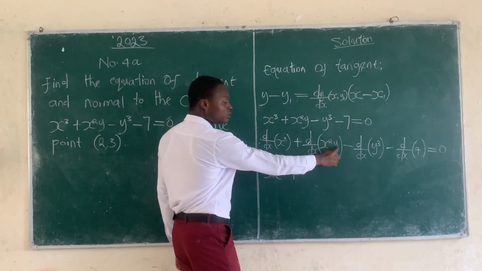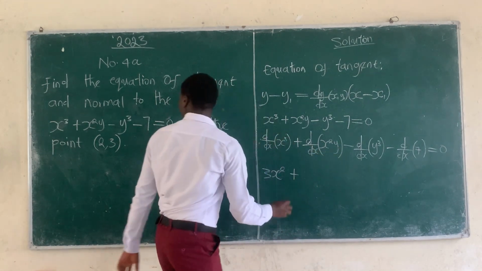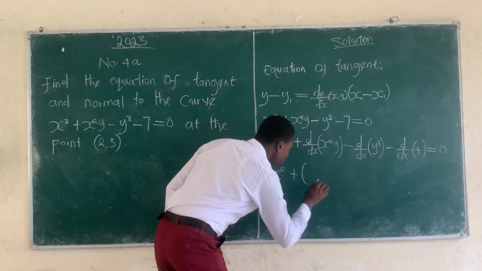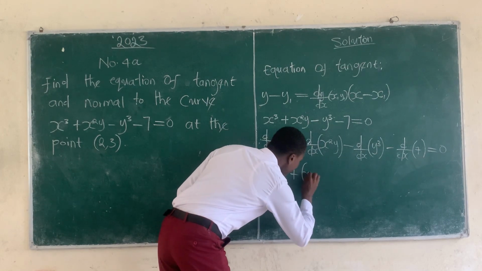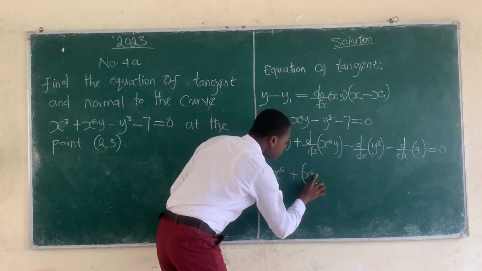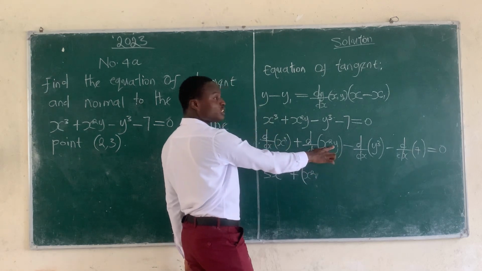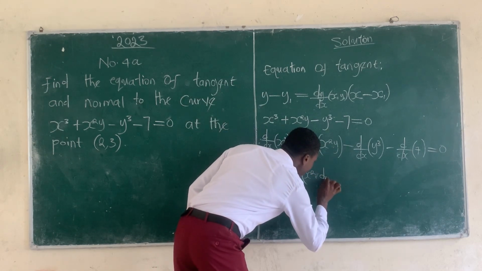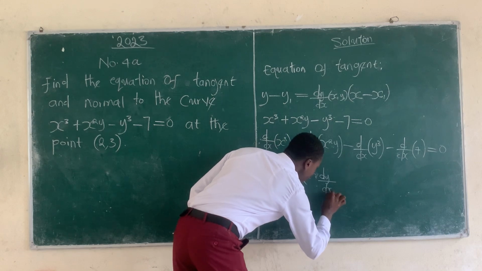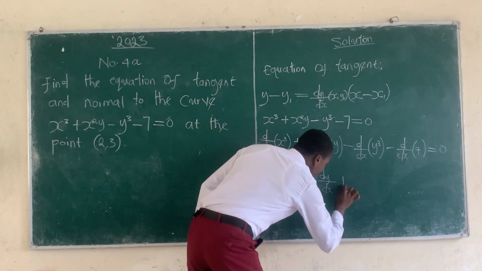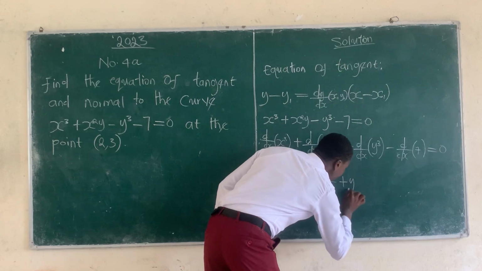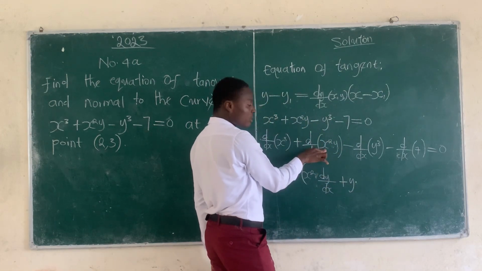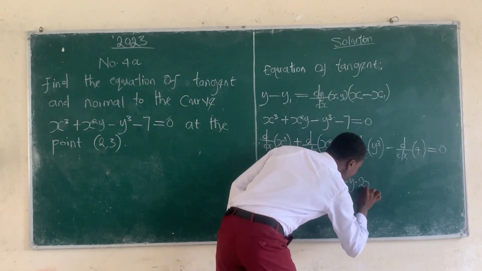This is our u, and this is our v. The product rule says keep the first term constant, so we have x squared, and then differentiate the second one. Differentiating y gives dy dx. Then add: we keep y constant and differentiate x squared, so we have 2x.